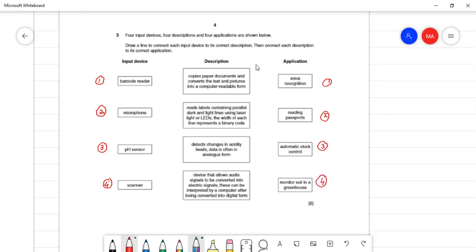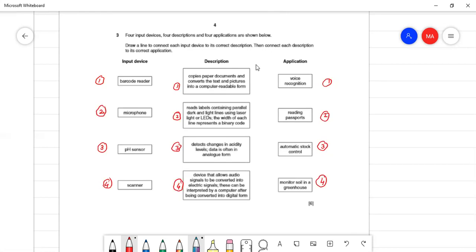Now the description: 1, 2, 3, 4. From the paper point of view, how to attempt such a question for full marks, how the marks will be allocated in the paper. This is the main concern of any candidate, how the examiner allocates marks in such types of questions.